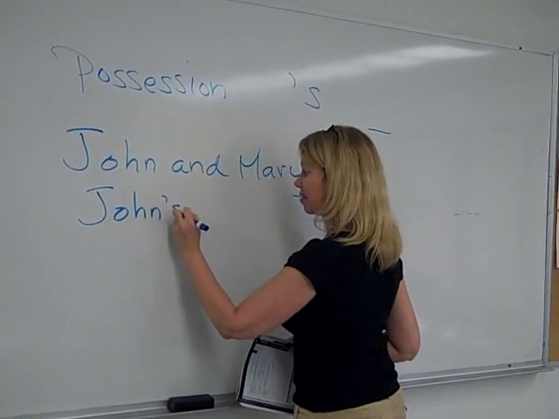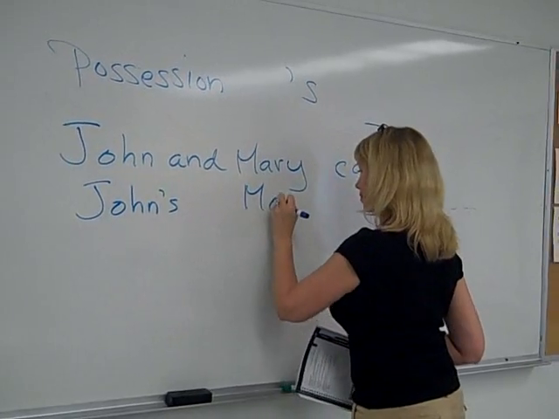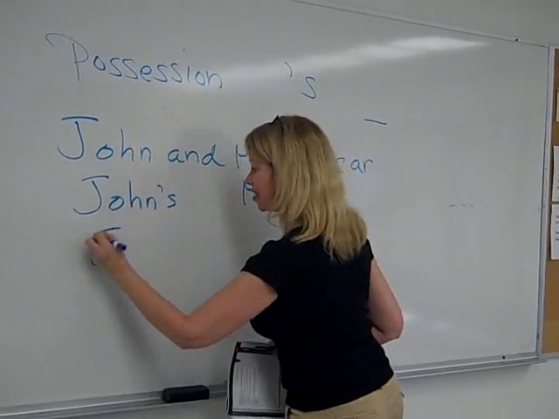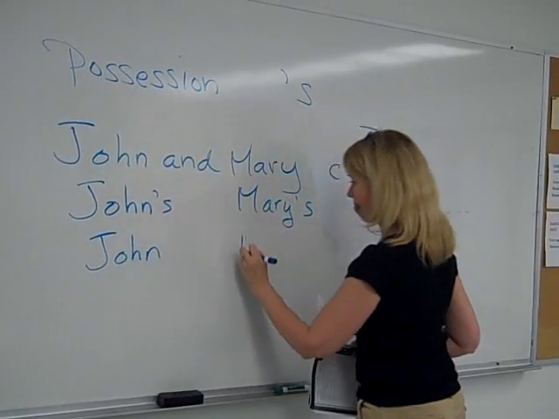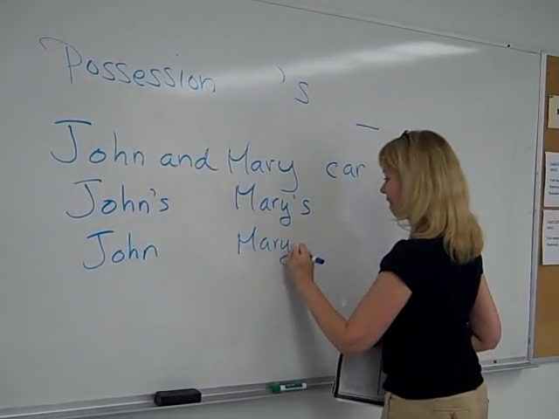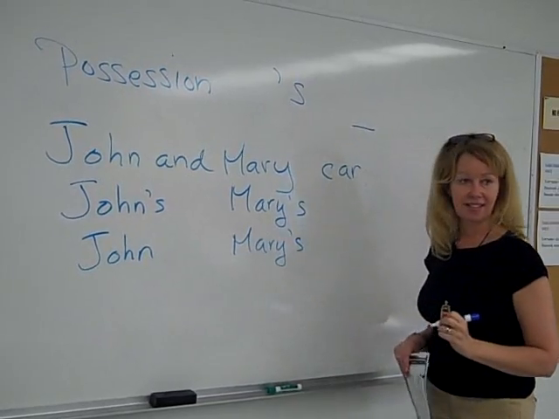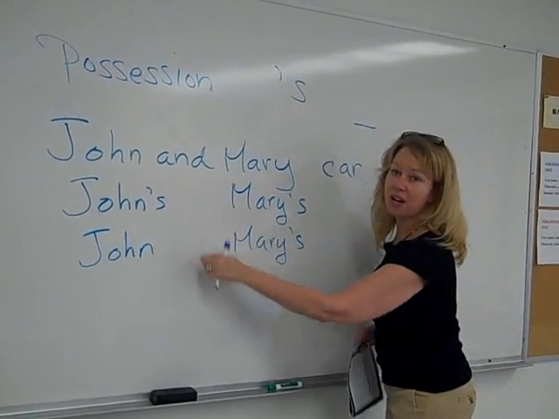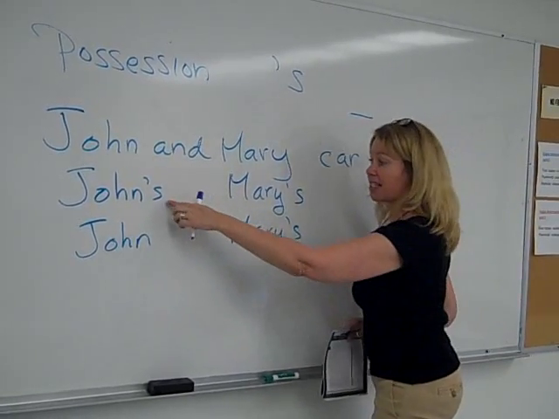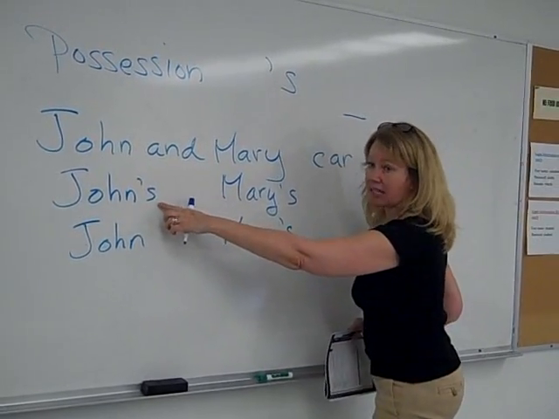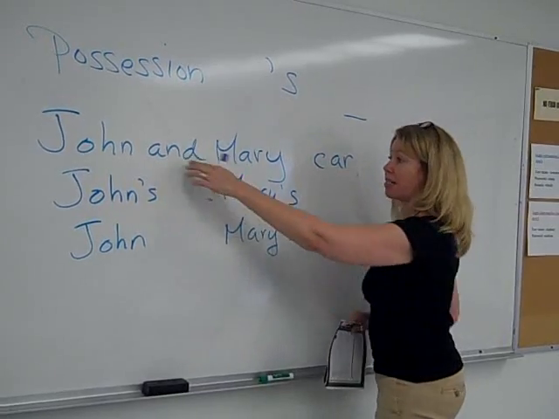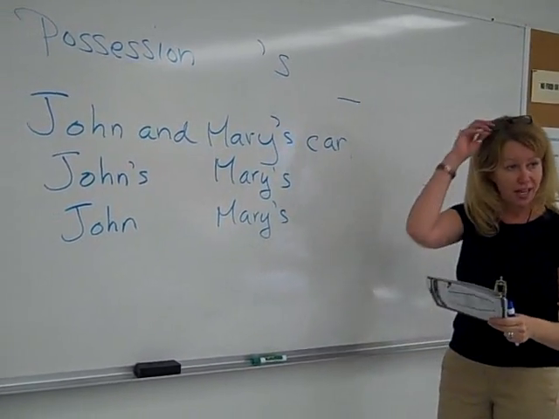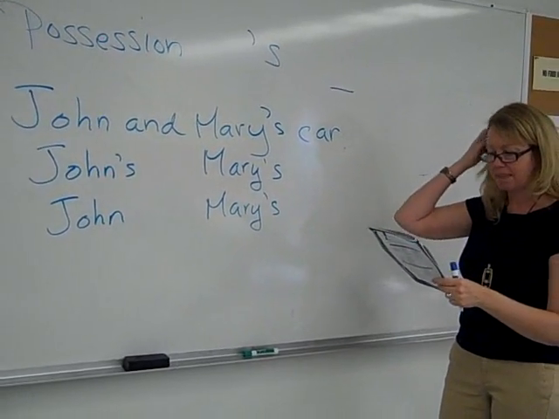Should I do this, or should I do this? The second is correct. Of course we know there's an and in here. If I did the first, it would mean there's separate ownership. So if John and Mary own it together, we put the apostrophe S after the second name.